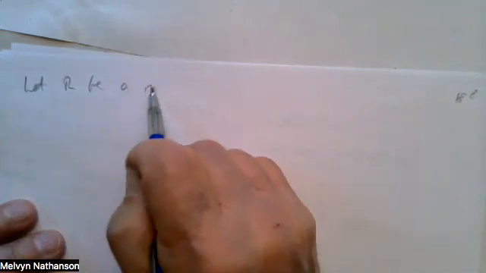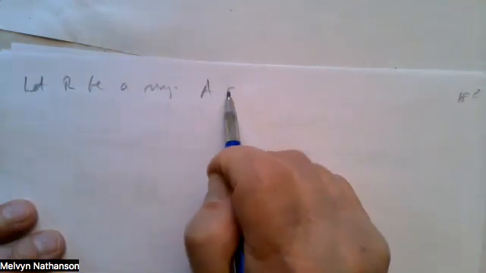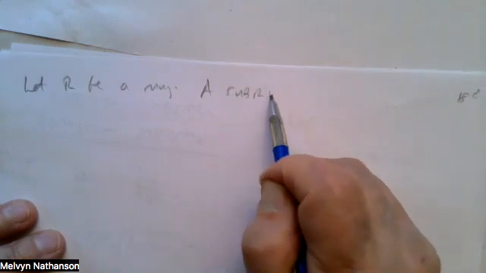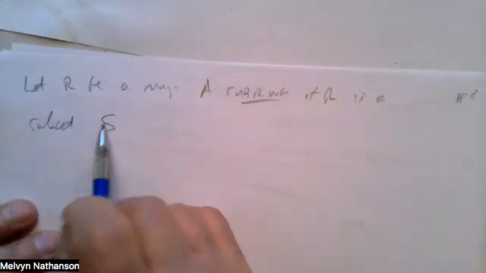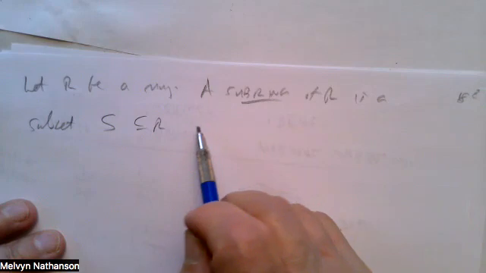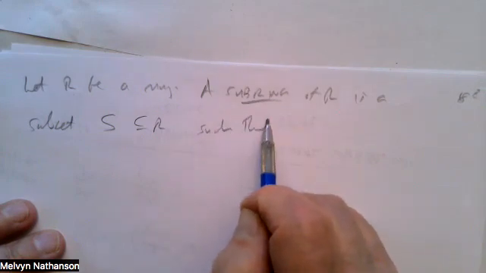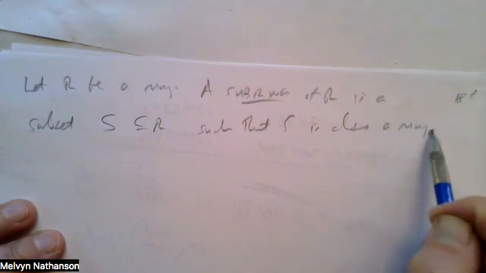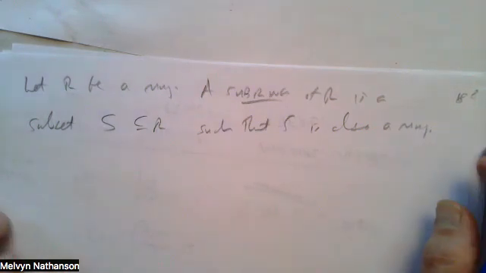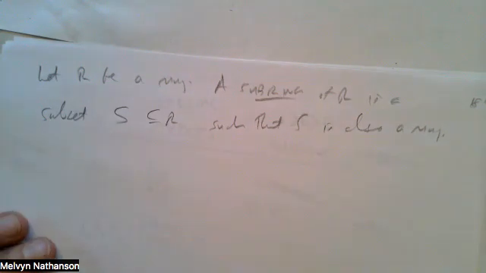So the definition is: let R be a ring. A subring of R is just a subset S contained in R, such that S is also a ring with the same operations of addition and multiplication.